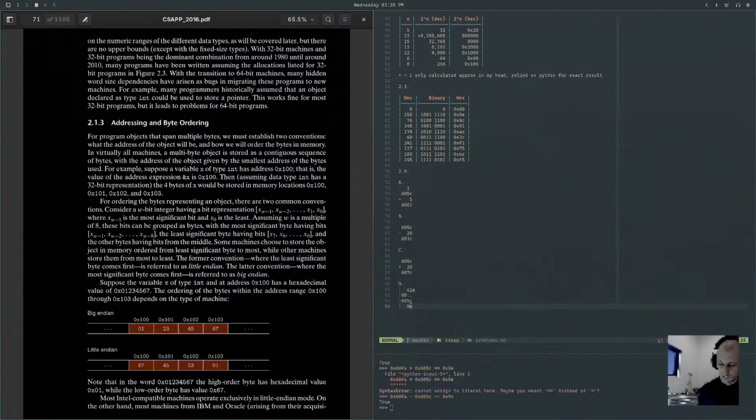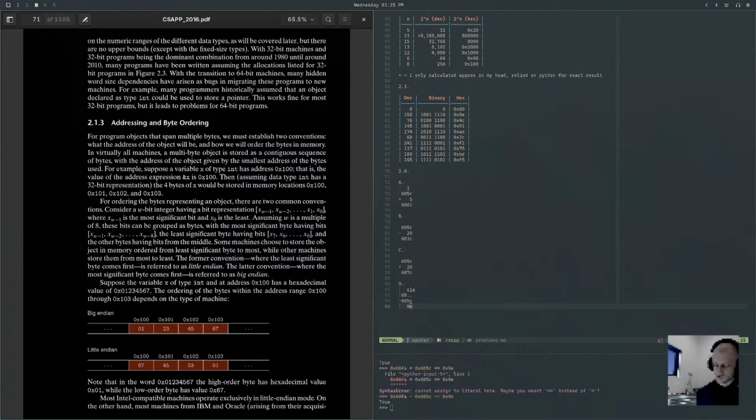Assuming w is a multiple of 8, these bits can be grouped as bytes, with the most significant byte having the top bits, the least significant byte having the bottom bits, and the other bytes having bits from the middle.